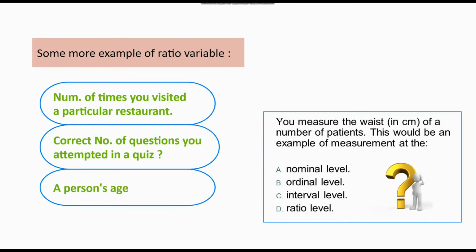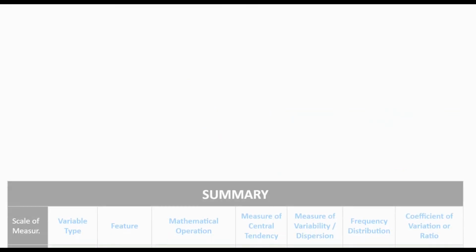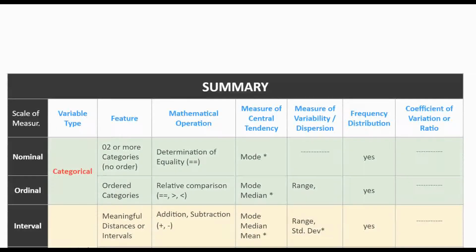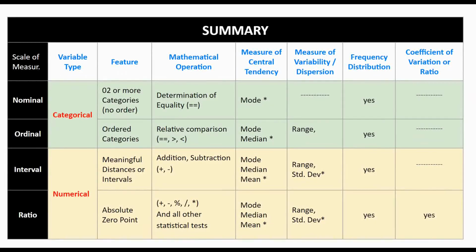I leave this up to you. Now, this is a summary of mathematical operations, the measures of central tendency, the measures of dispersion, etc., for each scale. I hope it helped you, and I think that's all in today's video.